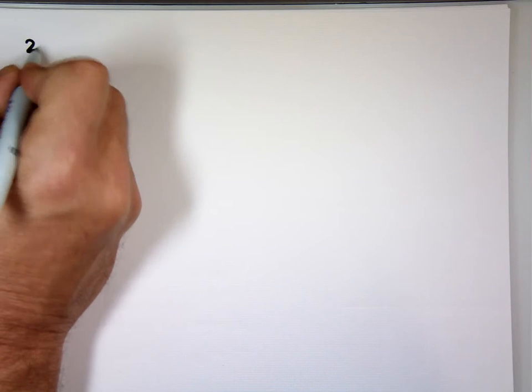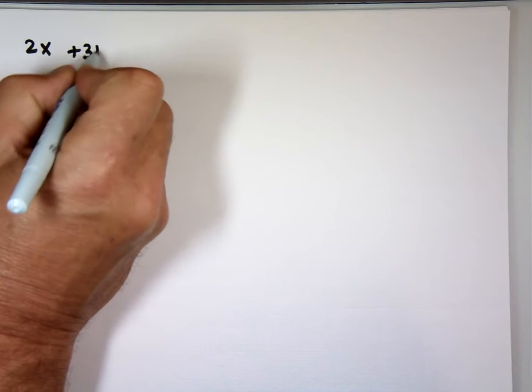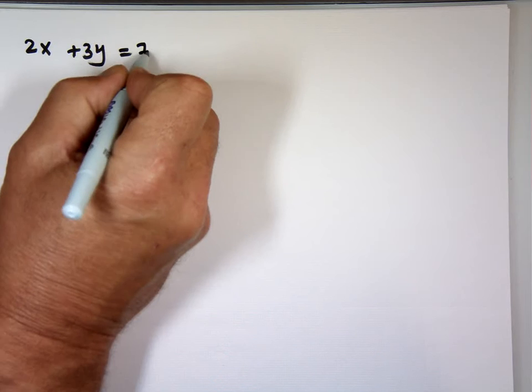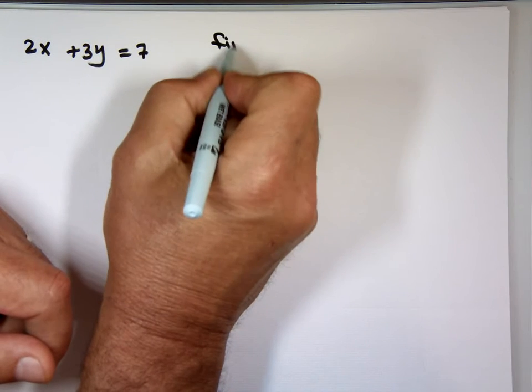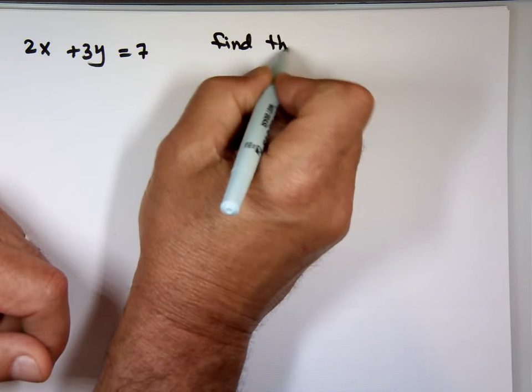Here's probably the most common mistake I get from a student. They'll be doing a problem like this. Find the slope and the y-intercept.